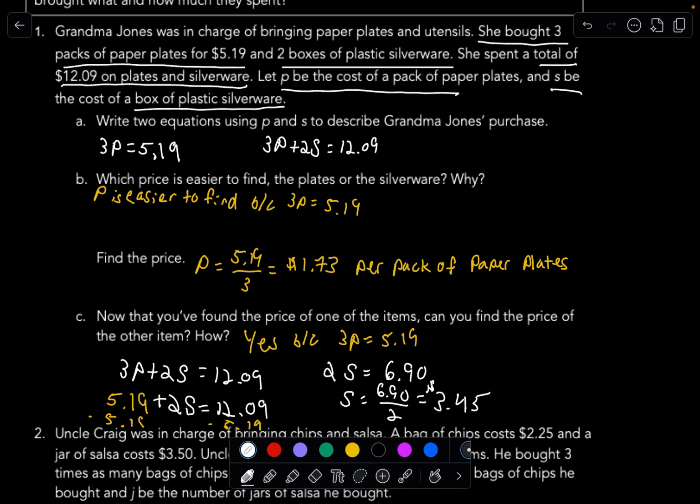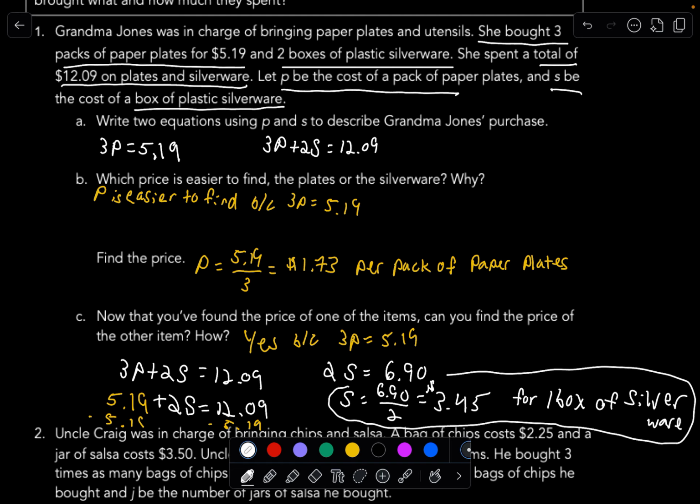And that's the cost for 1 box of silverware. Plastic silverware, I guess. So that's the value for S. And this is the value for P.